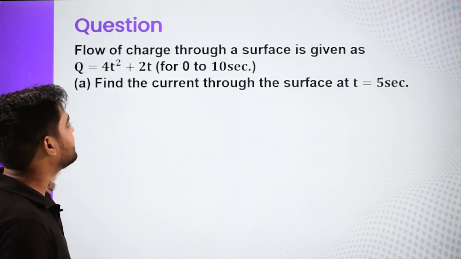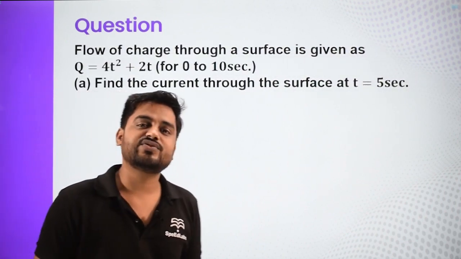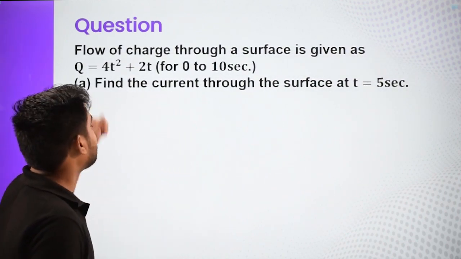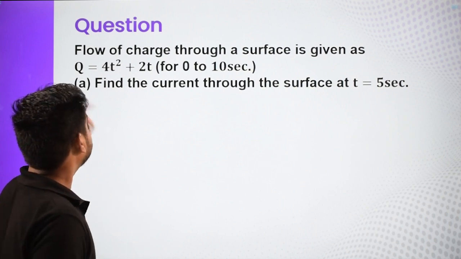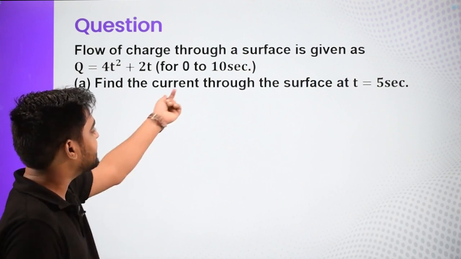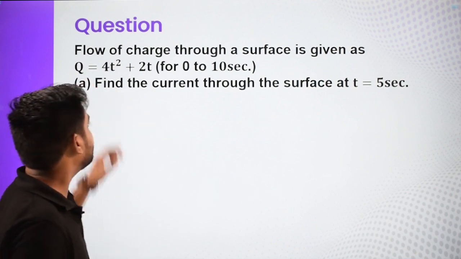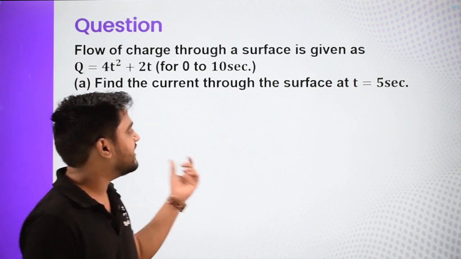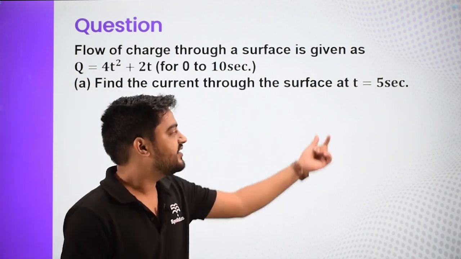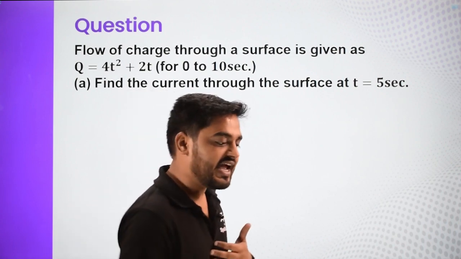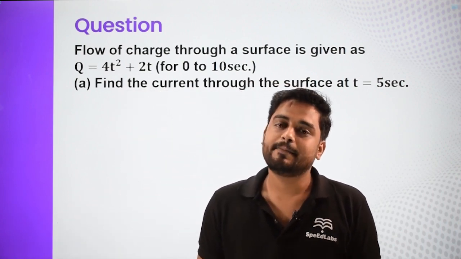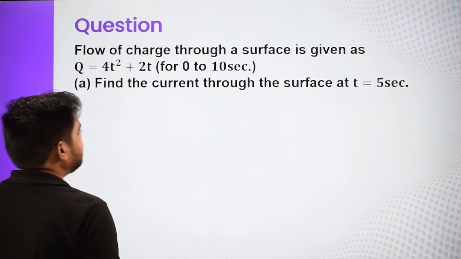Now, next, let us have a look at this question. This question says that flow of a charge through a surface is given by this expression, Q is equal to 4t square plus 2t, for 0 to 2 seconds. We need to get the current through the surface at t is equal to 5. See, whenever they say at t is equal to 5, it means we have to get the instantaneous current.